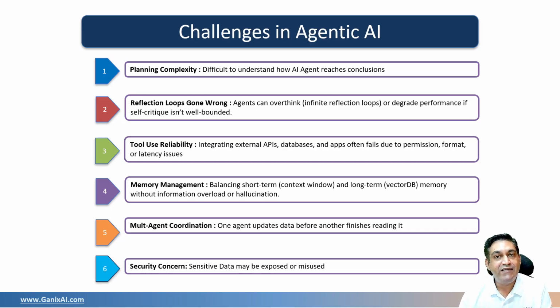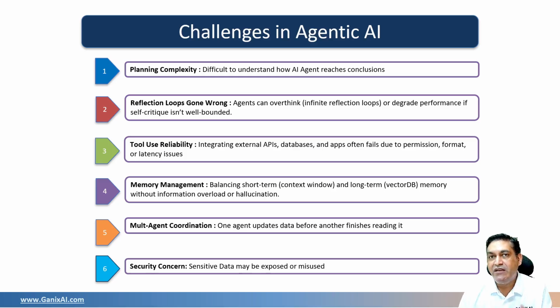As I said, it learns from its own outcomes and then changes its strategy for the next time. But sometimes it rethinks things again and again, which takes a very long time and sometimes becomes a kind of continuous loop, which degrades the performance of the agentic AI system.